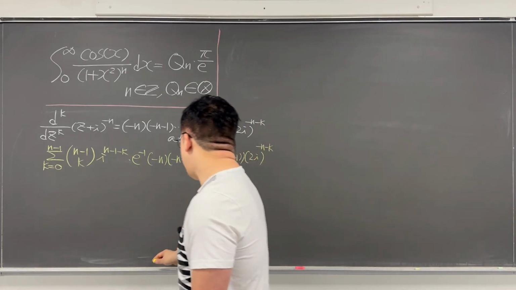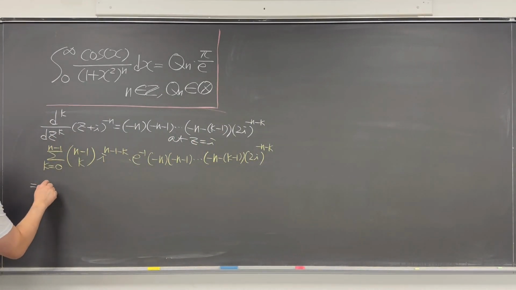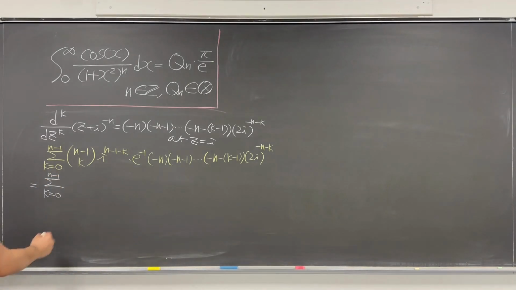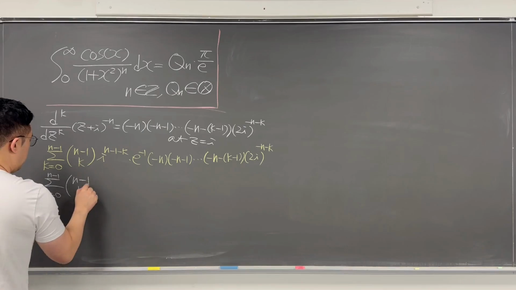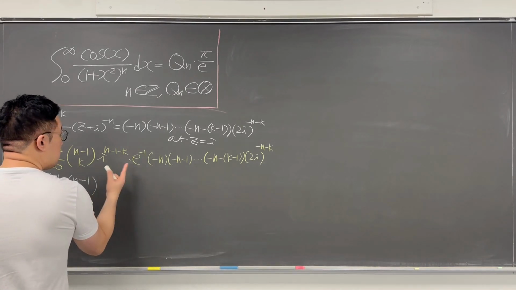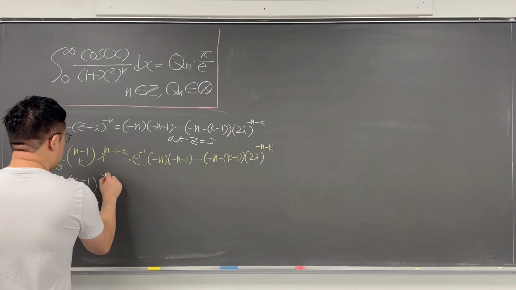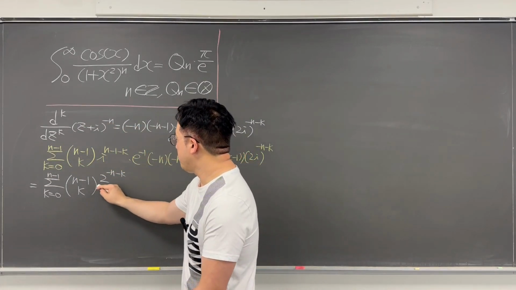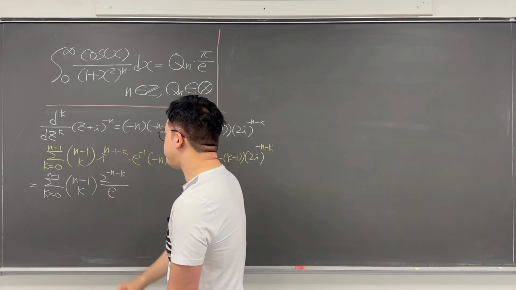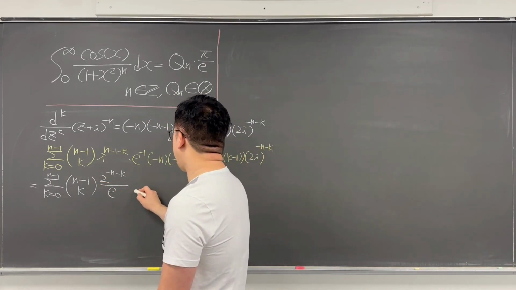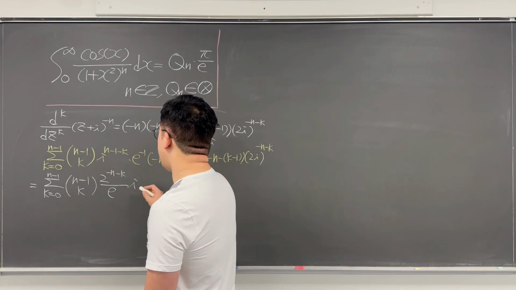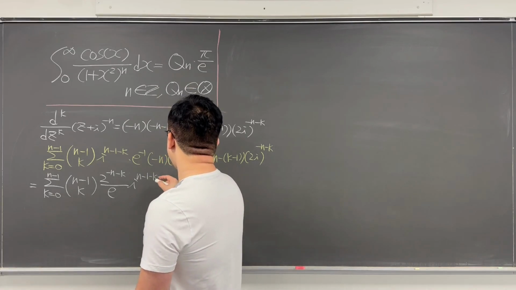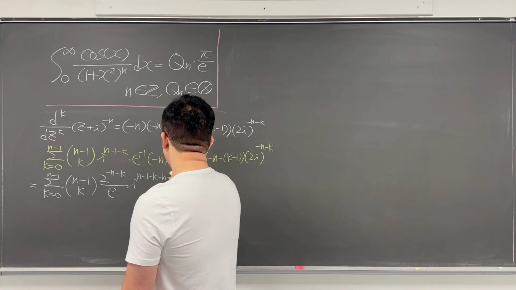Okay, so if you take one more step, this has to be the same as the summation from k equals 0 to n minus 1, with still this binomial (n minus 1, k), times 2 to the power of negative n minus k, over e, because we have e to the power of negative 1, times i to the power of (n minus 1 minus k) minus (n minus k).